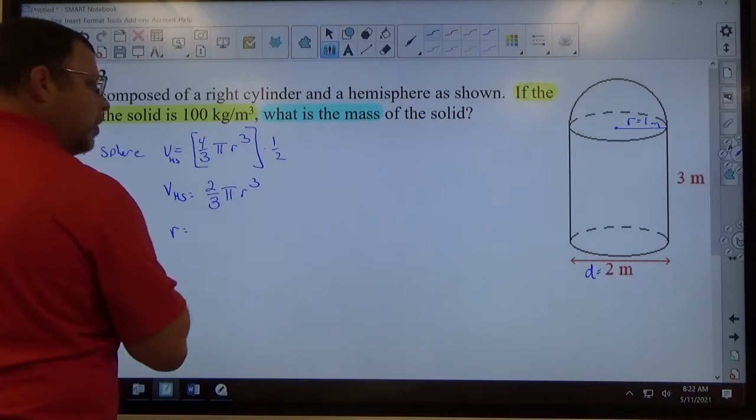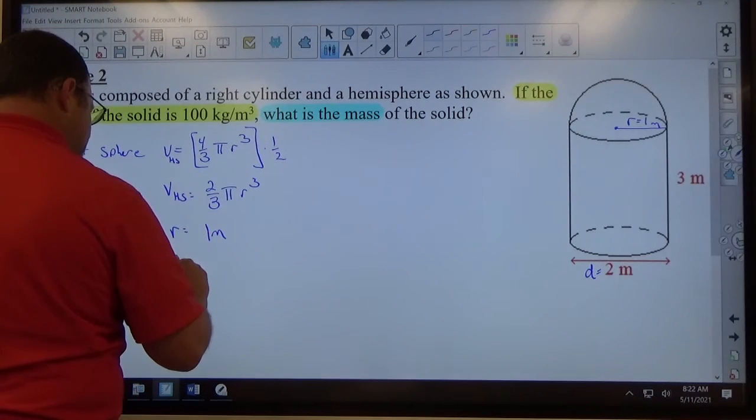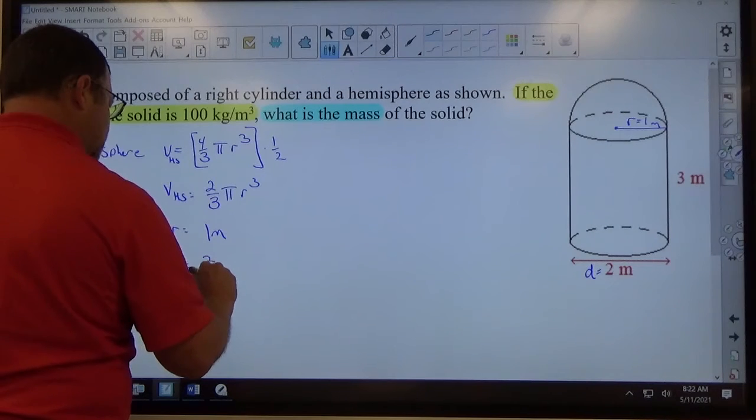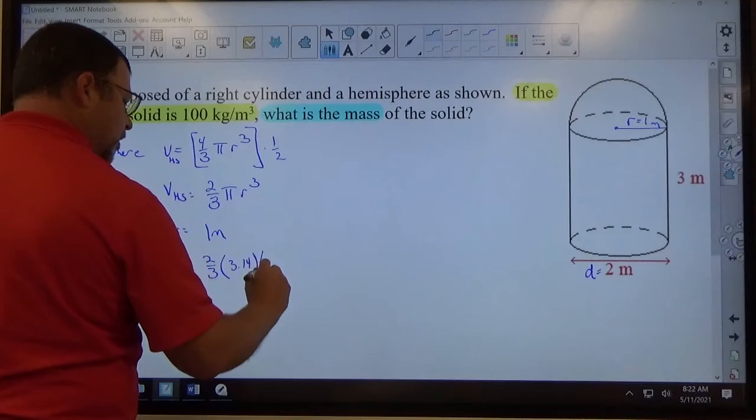The radius is equal to 1 meter. So the volume of the hemisphere is going to be 2/3 times pi, which is 3.14, times 1 cubed, which is 1.